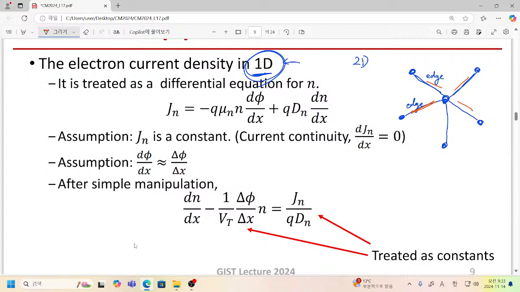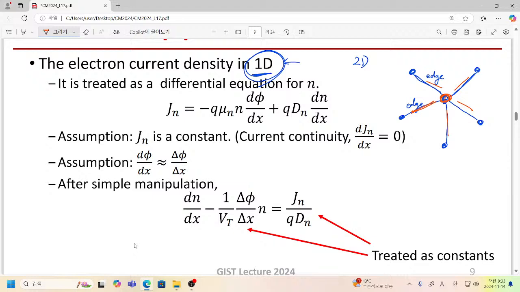So for example, in this 2D case, we calculate 5 edge currents, and by properly summing them with weighting factors, we can calculate the current inside the control volume of this central node.